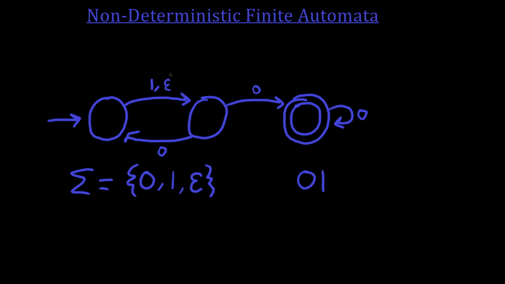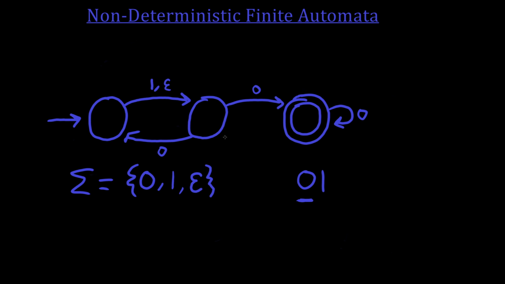Because we have this epsilon transition, we can take it by consuming no characters. So we start at the start state, take this epsilon transition by consuming nothing, and we're still on the character 0, but now we're on this middle state.